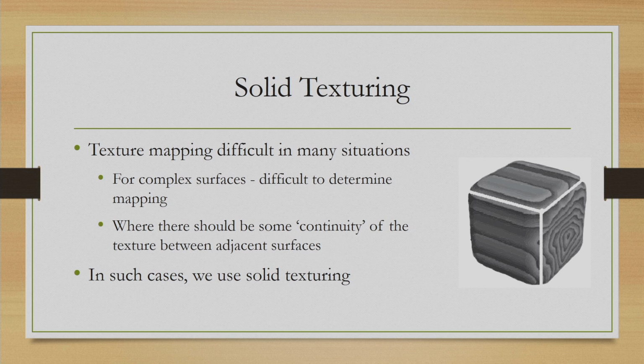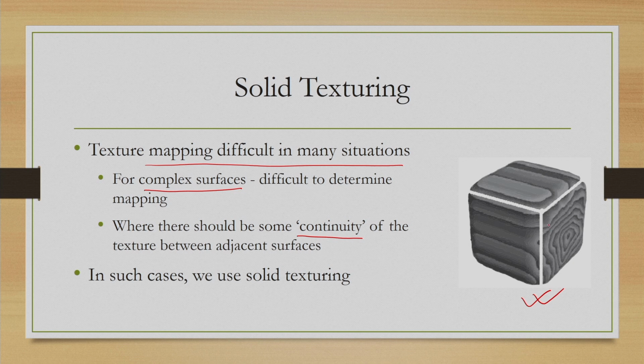Now, there is a third category of texture mapping technique, solid texturing. Now, this texture mapping is typically difficult in many situations where we have complex surfaces or where there should be some continuity of the texture between adjacent surfaces. For example, consider this wooden block.